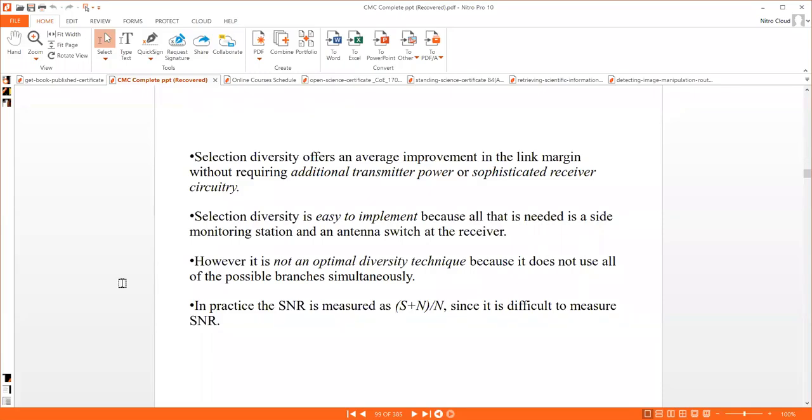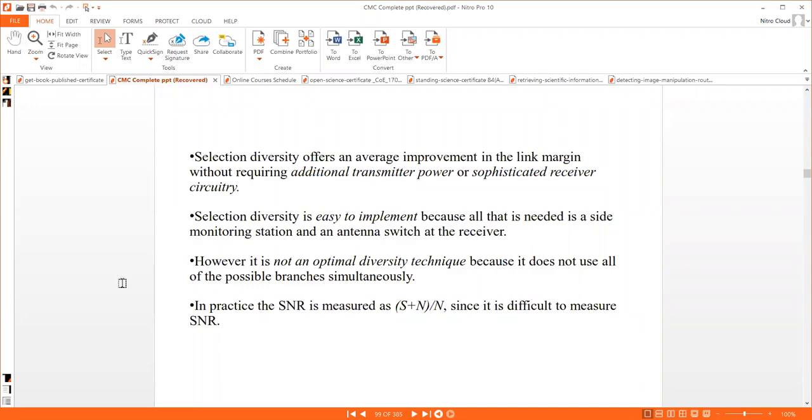At the same time, it is not an optimal diversity technique because it does not use all of the possible branches simultaneously. It uses only the selected ones, so it will select two or three paths and discard the remaining paths, and hence it is not an optimal diversity technique. In practice, SNR is measured as signal plus noise divided by noise.